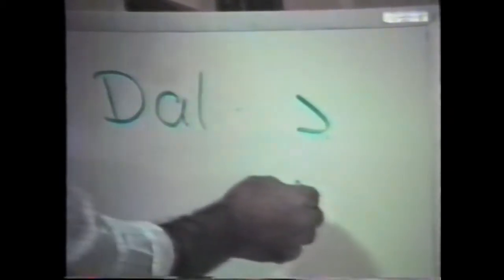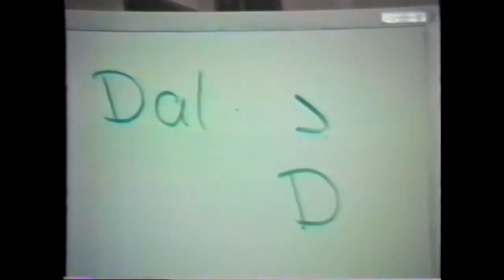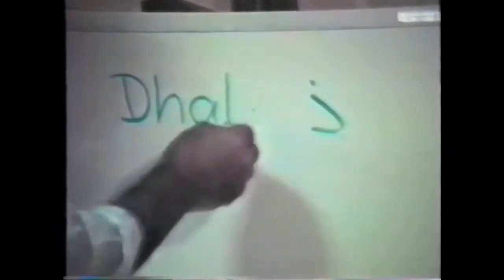The next letter is dal. Looks like this, and the name of the letter is dal, and it is equivalent to the English D as in David. The next letter is dhal. Looks exactly the same, except it has a dot on top of it. This is dhal. We write it like this.